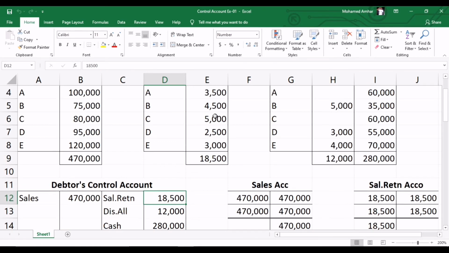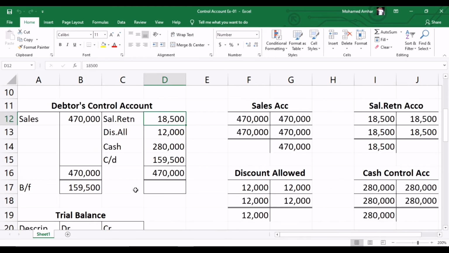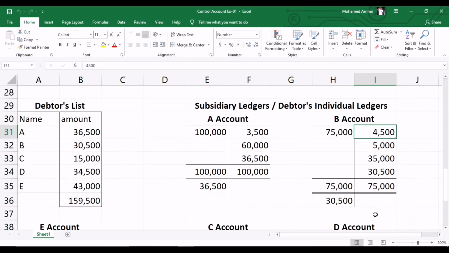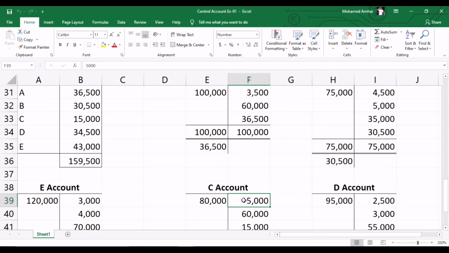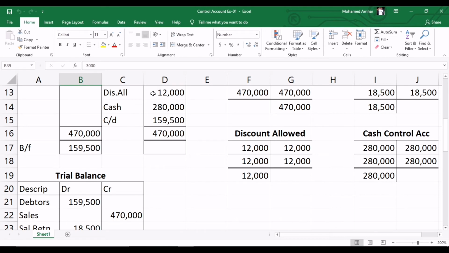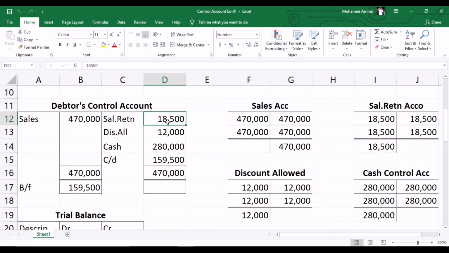Here 3,500, 4,500, 5,000 are credited individually, then 2,500, 3,000. This is sales return. Here we have credited individually, but in the control account we have credited the total.